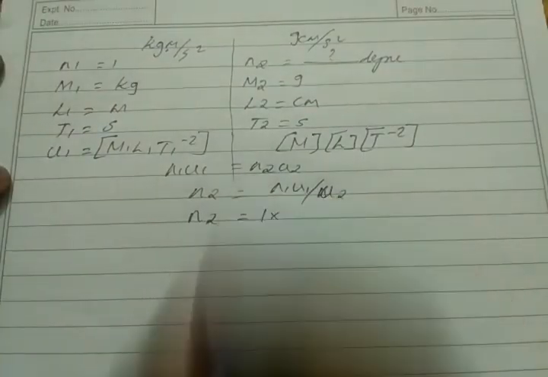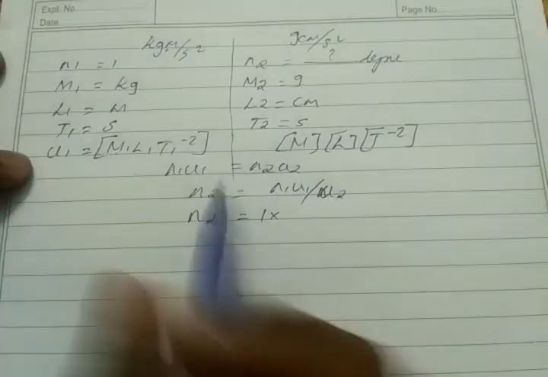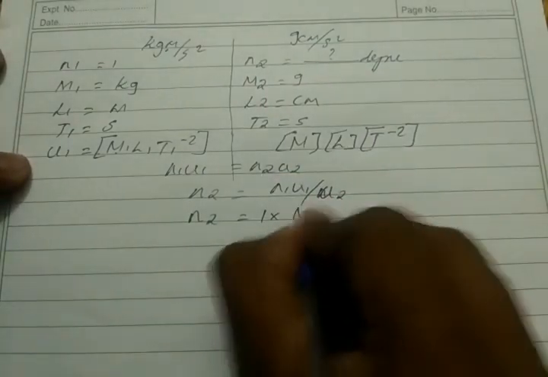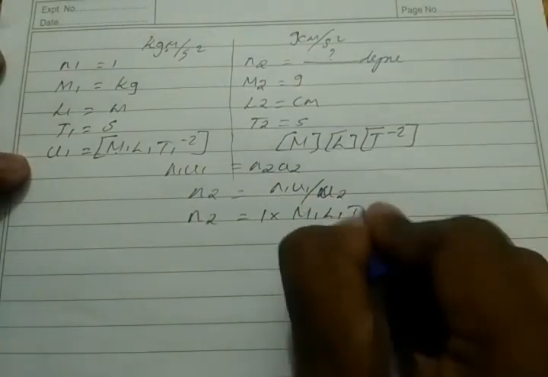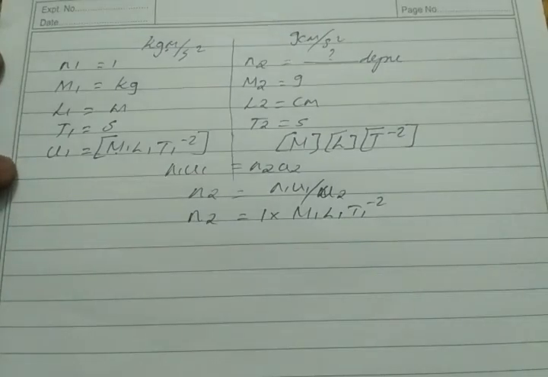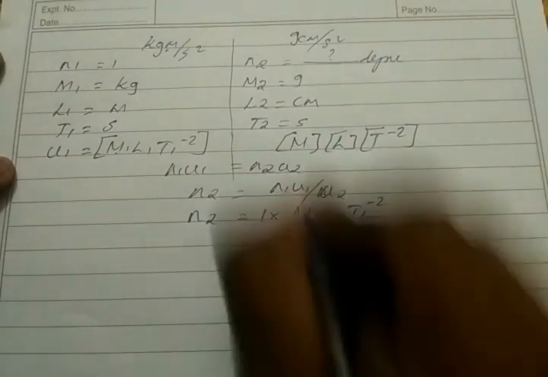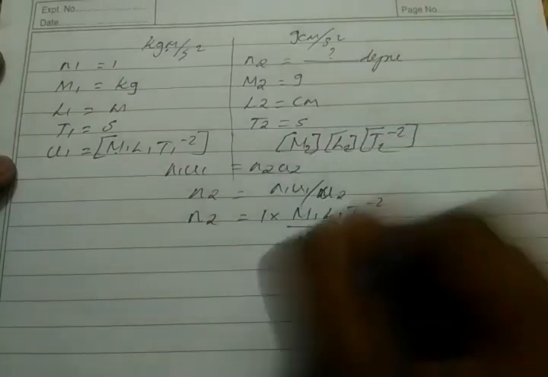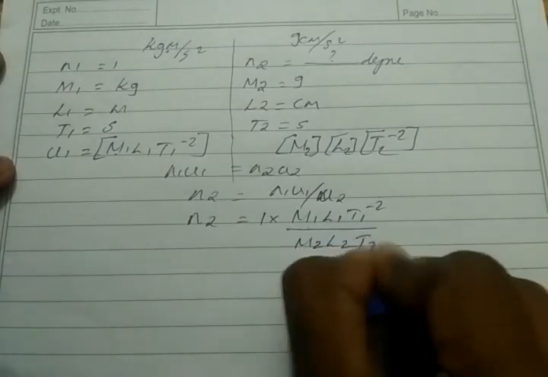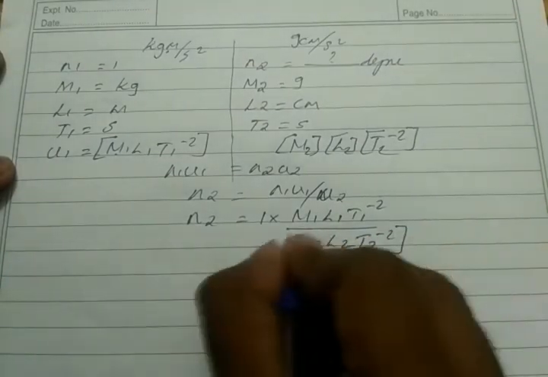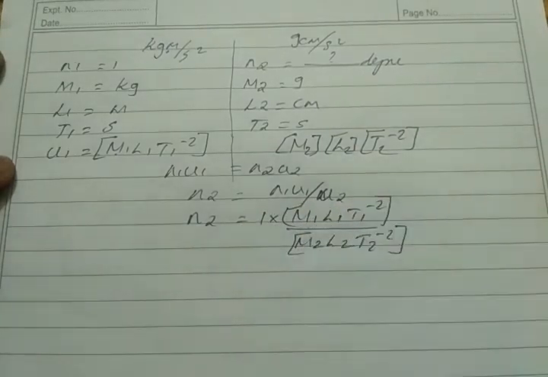So 1 into, what's the value of U1? U1 will be [M1 L1 T1 power minus 2] divided by, what is the value of U2? U2 will be [M2 L2 T2 power minus 2], with square brackets.